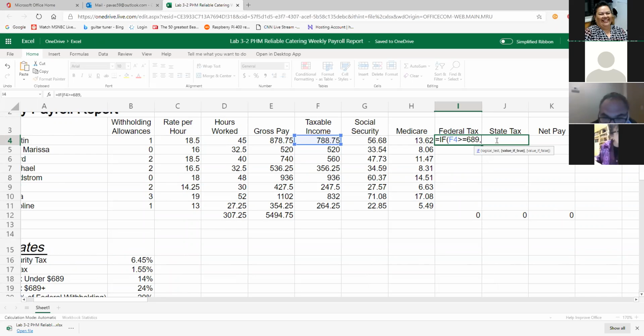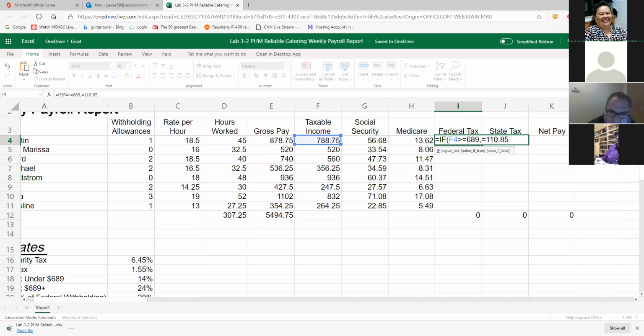the true value, the federal tax is gonna be equal to 110.85. Let me try it first, okay?